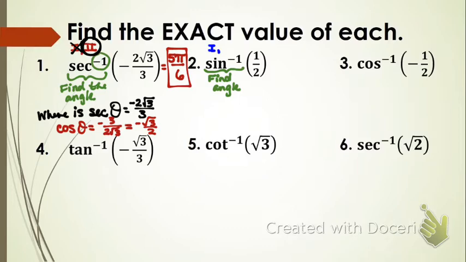Sine can look in 1 and 4. Is this one going to be in 1 or in 4? 1, because it's positive. So where is sine theta equal to 1/2? Pi over 6.